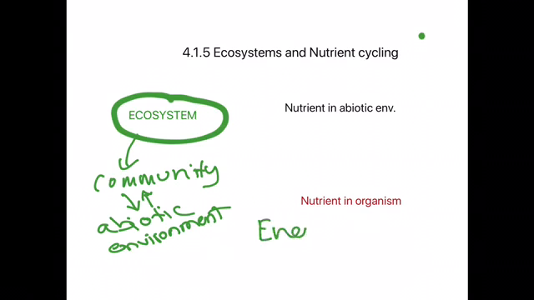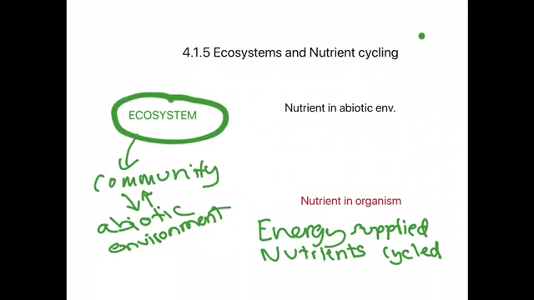What does this mean? This basically means that although energy will have to constantly be coming into the ecosystem, usually in the form of sunlight, nutrients will be used and will not leave or enter the ecosystem.